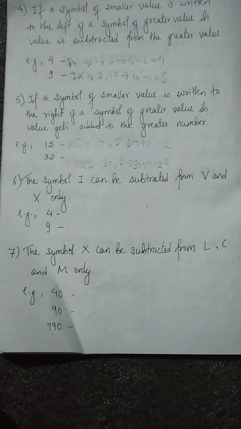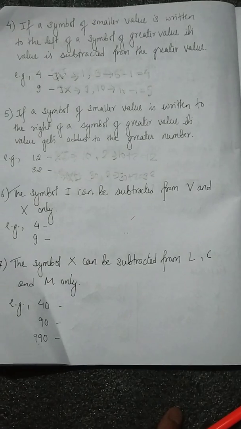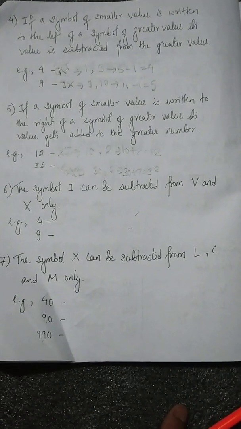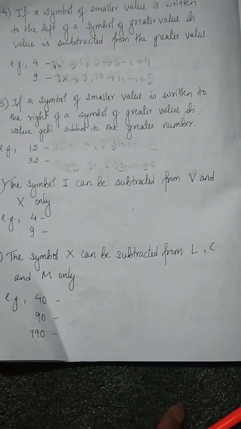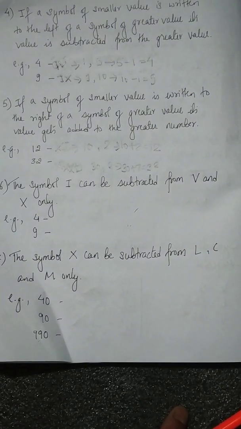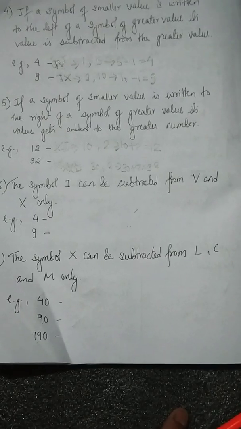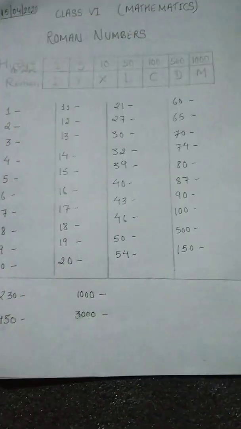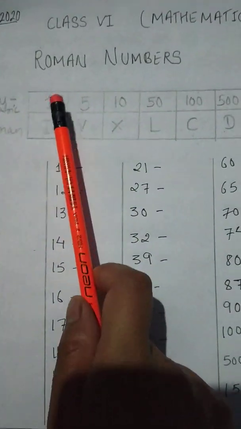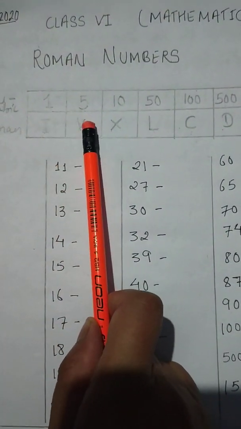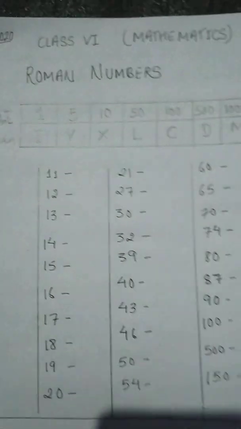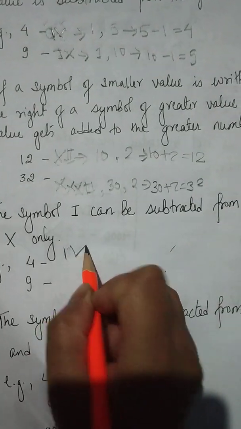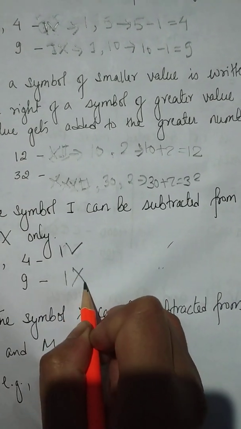Okay, now the next rule, that is rule number 6. The symbol I can be subtracted from V and X only. Now let's check here. I, for 1, can be subtracted from 5 and 10 only. I can be subtracted from V and X only.